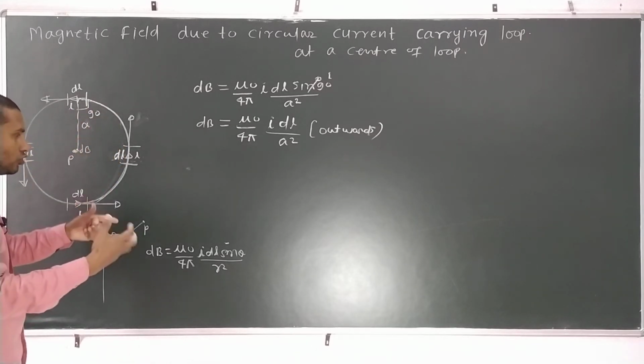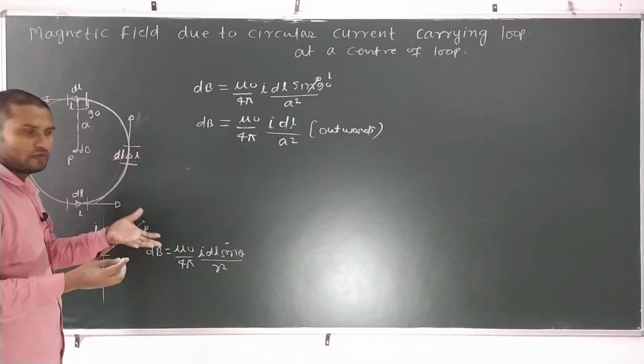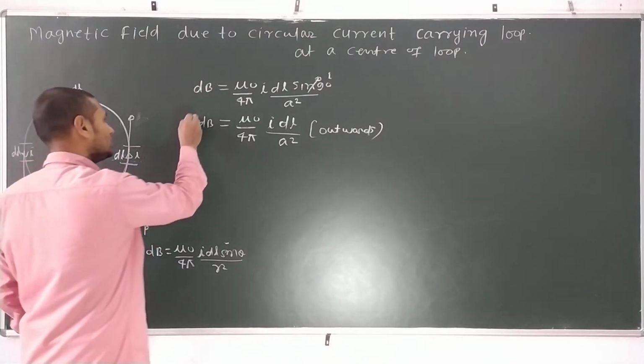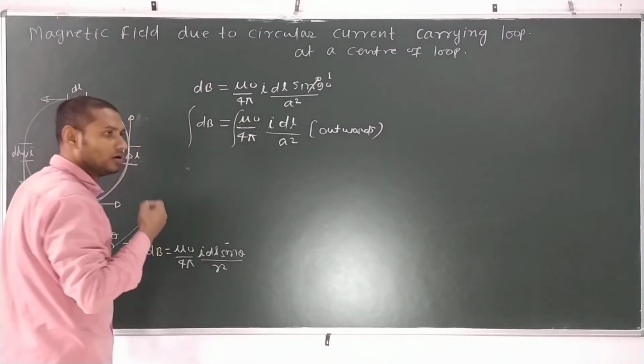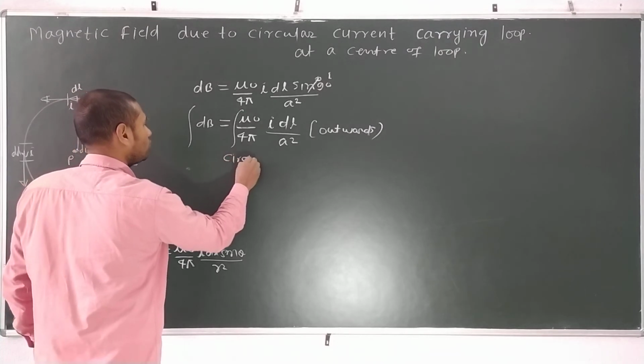The direction is the same for all elements, so we can integrate this elemental magnetic field for the whole circle.